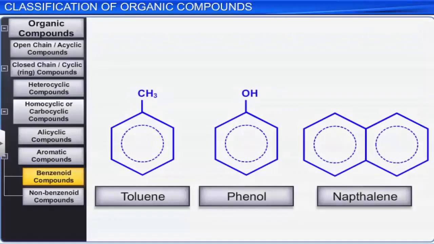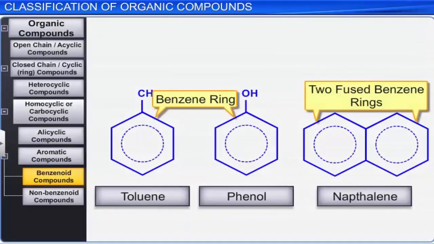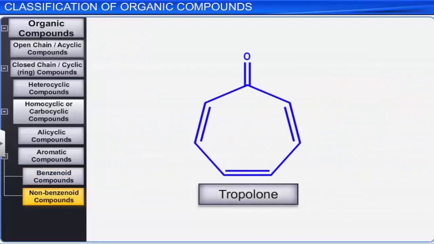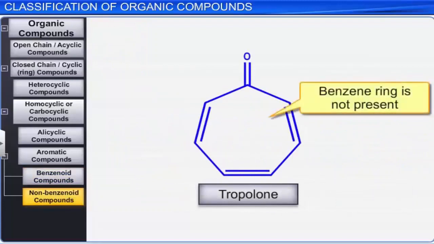Aromatic compounds containing isolated or one or more fused benzene rings and their functional derivatives are known as benzenoid aromatic compounds. Benzene is the parent compound in benzenoid derivatives. A non-benzenoid compound is one that does not contain a benzene ring. For example, tropolone as shown here.